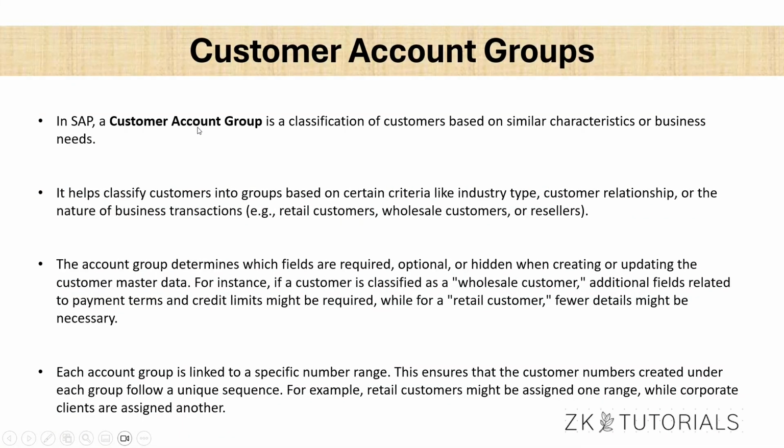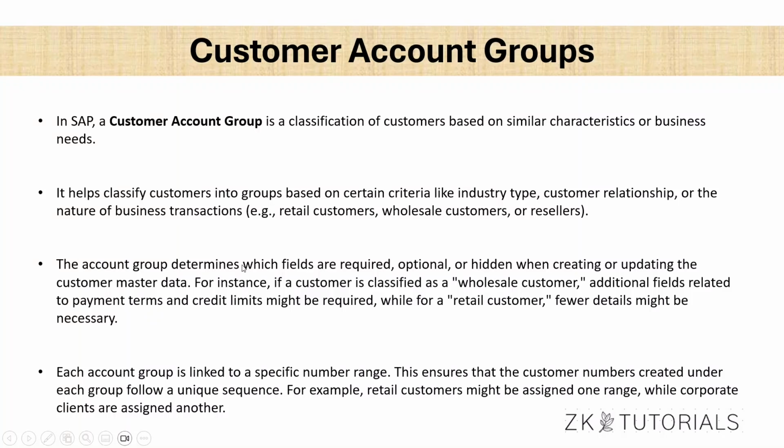In SAP, a customer account group is a classification of customers based on similar characteristics or business needs. It helps classify customers into groups based on certain criteria like industry type, customer relationship, or the nature of business transactions. Example, retail customers, wholesale customers, or resellers.